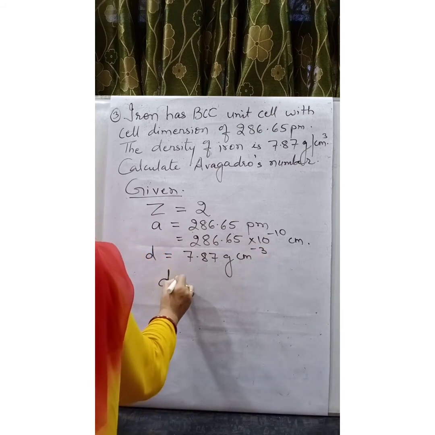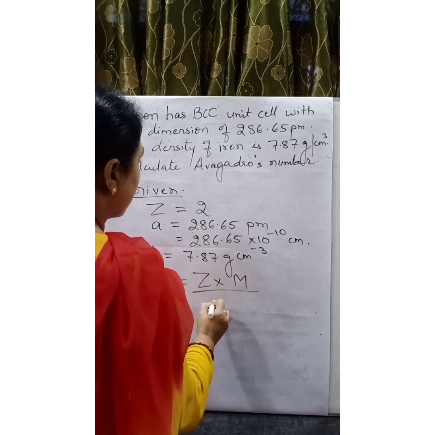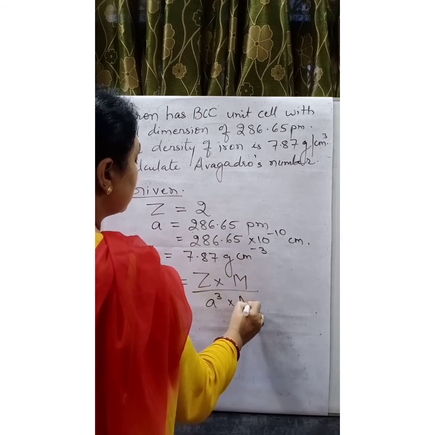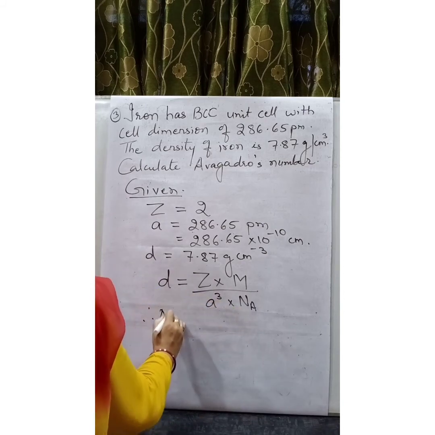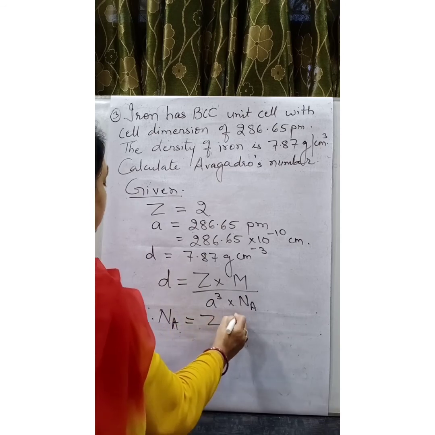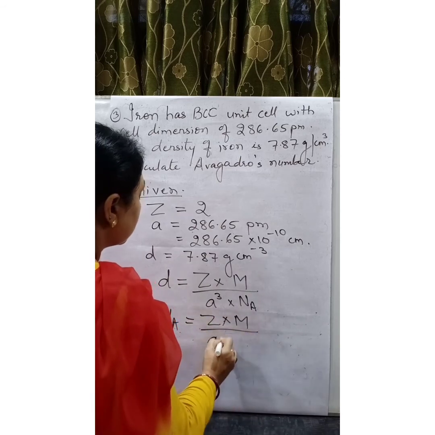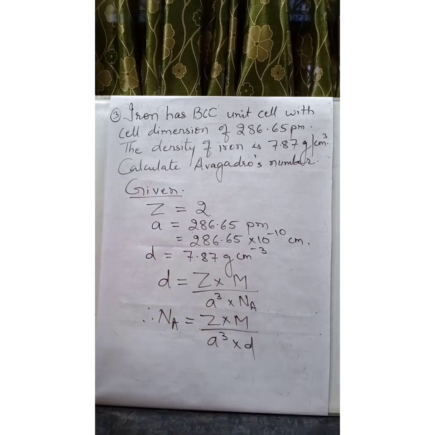Put down the formula. Density is equal to Z into M upon a cube into Avogadro number. We need to calculate Na. Therefore, Na is equal to Z into M upon a cube into d. Now, substitute the values in this expression.